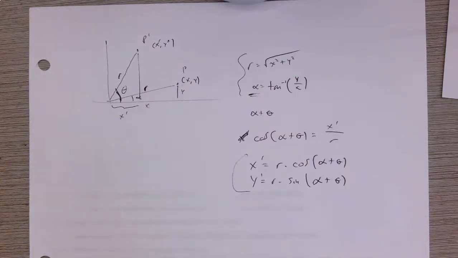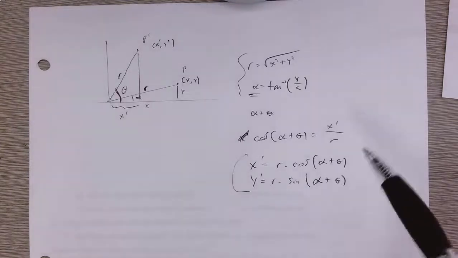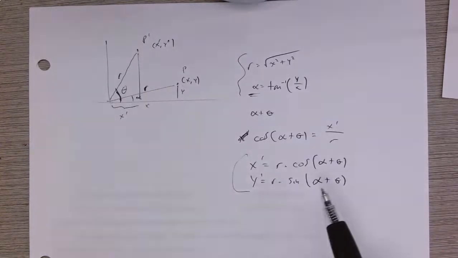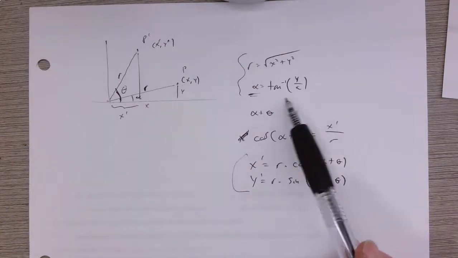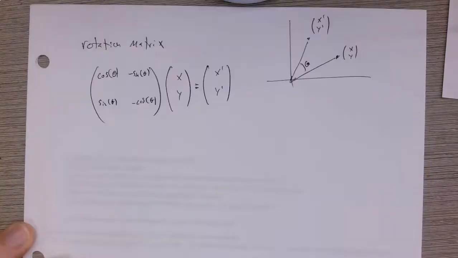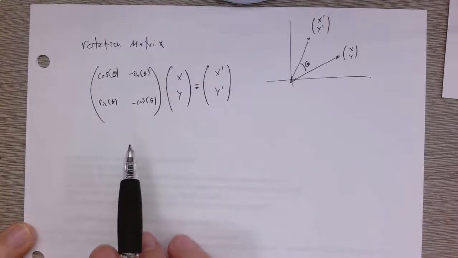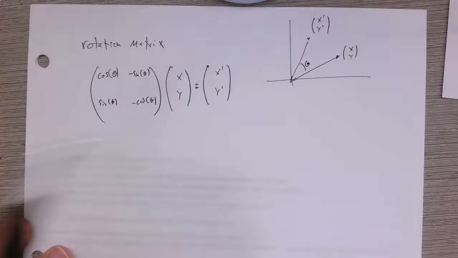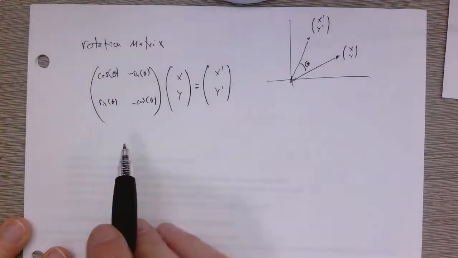The problem with this is it's not terribly efficient. For every single pixel, calculating the inverse tangent and then calculating the cosine and the sine of the results is going to be pretty wasteful. If you look this up on the internet, you're likely to see something like this, or if you studied a little bit of linear algebra, or if your pre-calc class did this kind of thing.